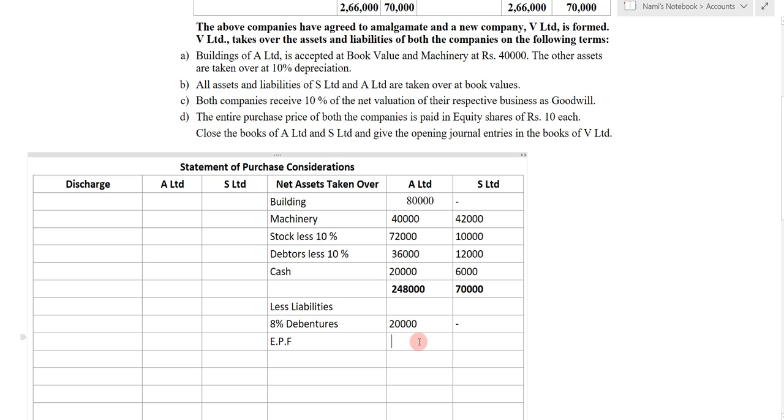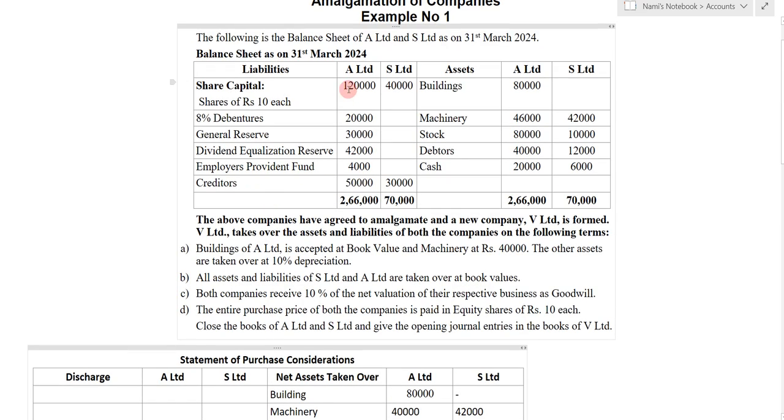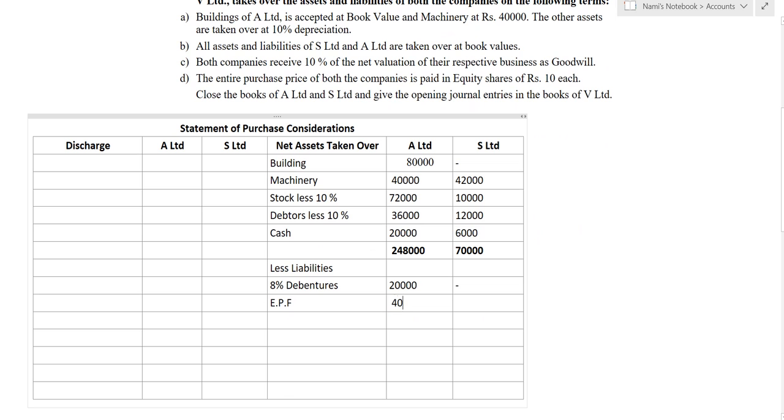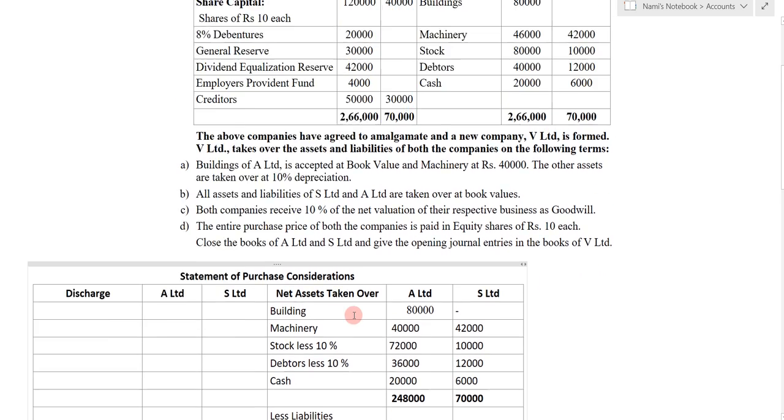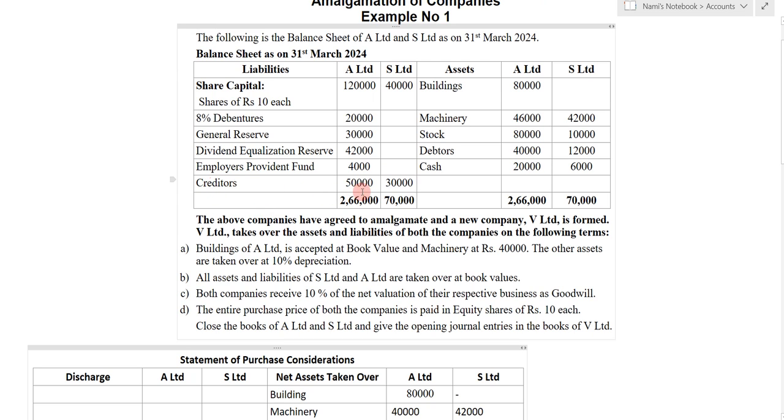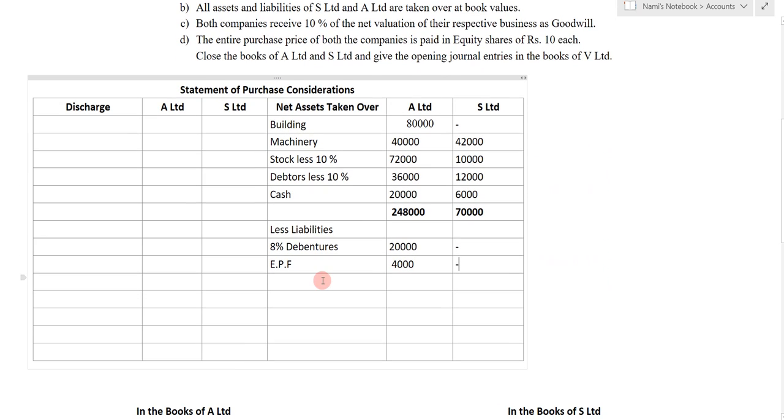Employee provident fund of A Limited is only given, that is 4,000. For S Limited there is no employee provident fund. Then creditors of A Limited is 50,000 and S Limited is 30,000.